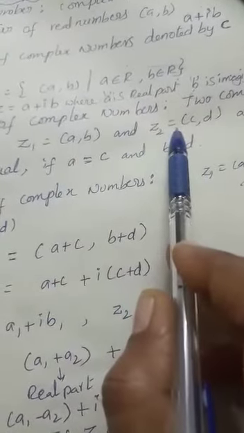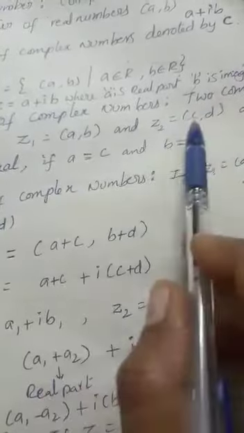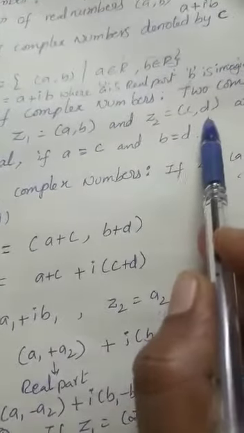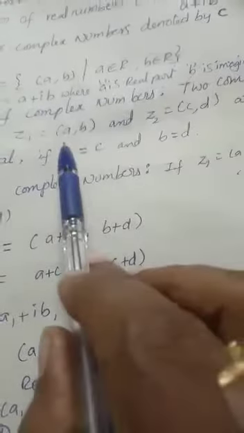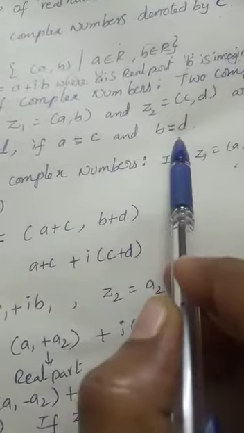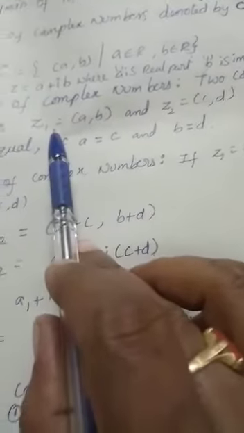If z1 is equal to z2, it means real part is equal to real part, so a is equal to c, and imaginary part b is equal to imaginary part d. If real part is equal to real part and imaginary part is equal to imaginary part, then these two complex numbers are equal. Okay.